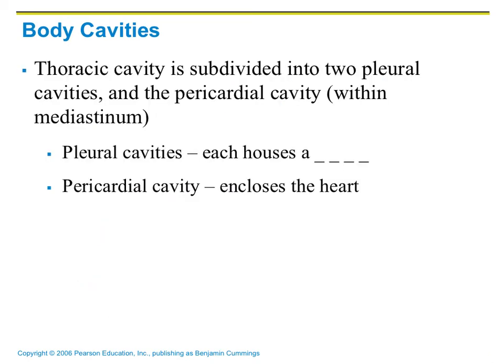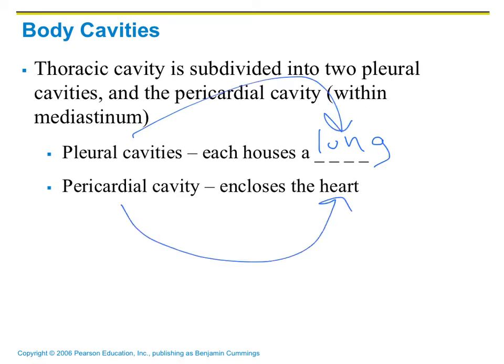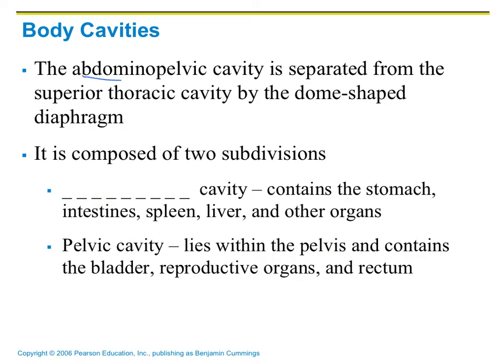So again, this is repetitive. Abdominal pelvic cavity. I would like you to know that the diaphragm is the organ that marks the border between the superior abdominal cavity and the inferior pelvic cavity.